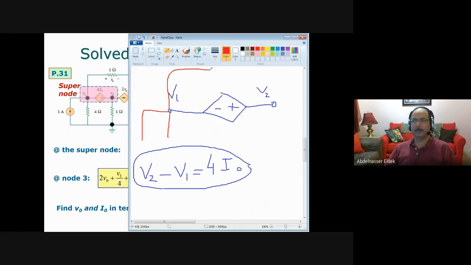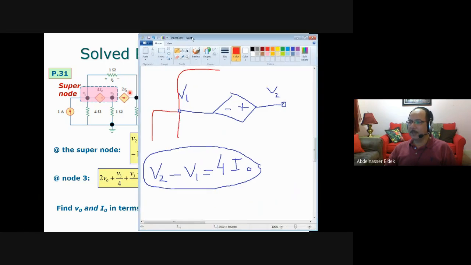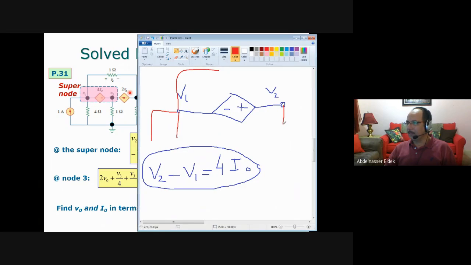From the V2 side, you have two currents. So V1 is connected to 3 branches, and V2 has 2 branches. Then you have 5 currents.